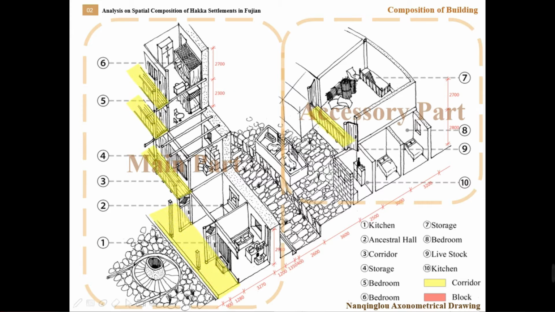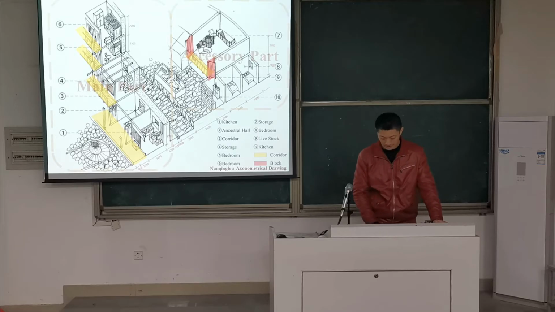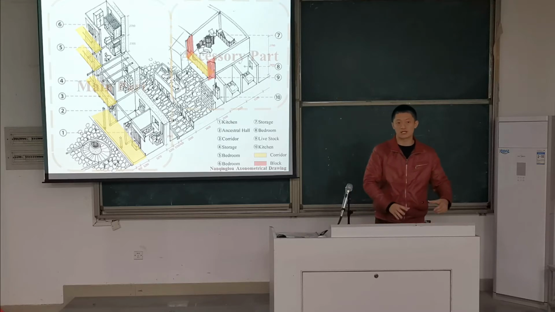Same corridors as before, but those two doors are the blocks of each unit, guaranteeing privacy and the territory of each family, right? Remember, yesterday Professor Lee said that the privacy of Tulou is much weaker than that of Zhuangzhai and Tubao.